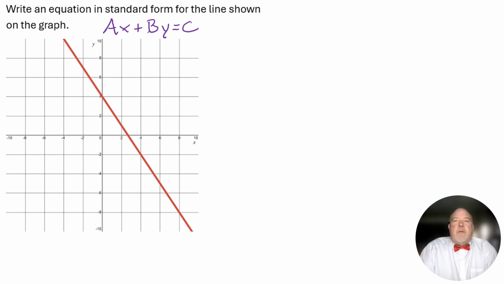We can either write it in slope-intercept form, which is y equals mx plus b, or we could write it in point-slope form, which is y minus y1 equals m times x minus x1.